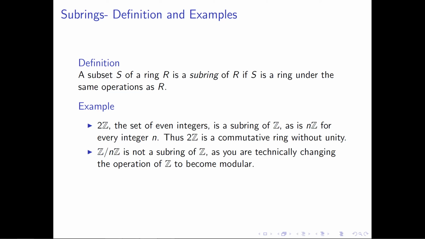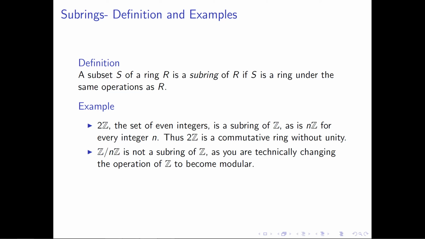The problem is that it forms a ring under different operations than those of the integers. The operations for the integers are addition and multiplication. The operations on Z mod nZ are modular addition and modular multiplication, and those are technically different operations than just addition and multiplication. So Z mod n does not form a subring of Z.